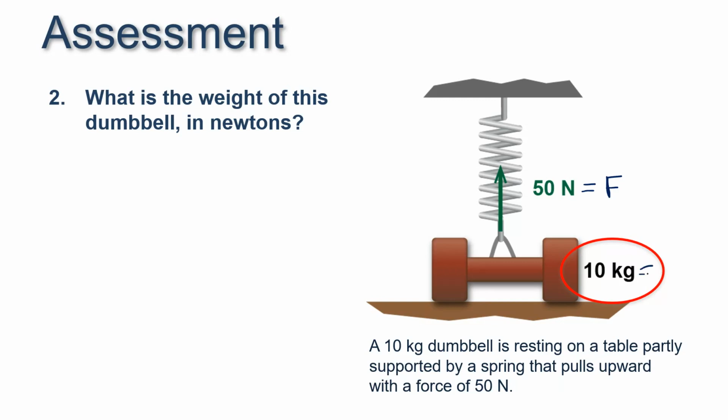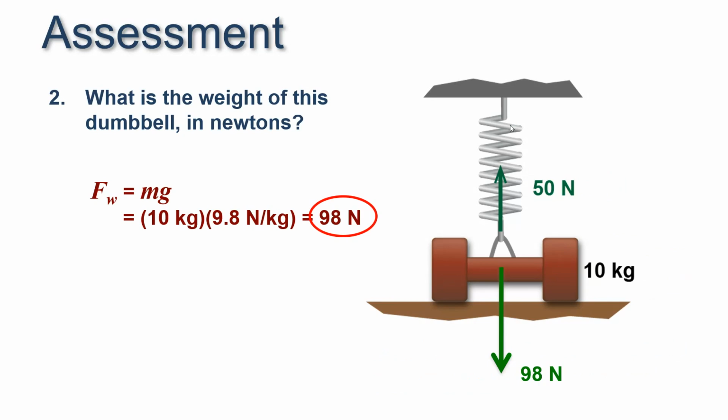So this is a mass. So it says, what is the weight of this dumbbell? Well, if the spring has to pull it at 50 newtons, right? We also have to remember that gravity is pulling it down.